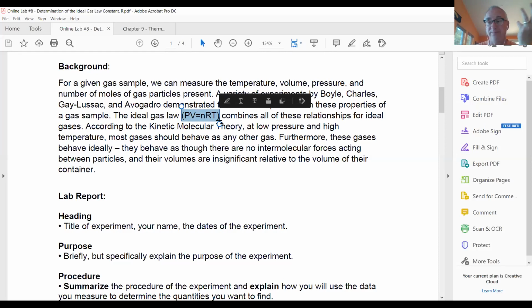So we were aware that P stood for pressure, V stood for volume, n stood for moles, and T stood for temperature. But what is this R thing? Because we're dealing with four different values with four different units, R is a fairly complex number in that it has four units in it.